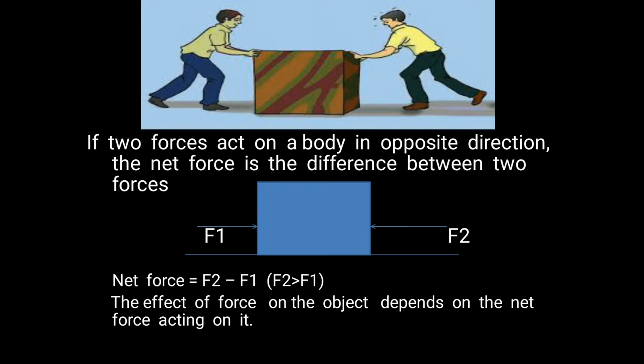Here the two forces are F1 and F2, both acting in opposite directions, and F2 is greater than F1, so net force equals F2 minus F1. The effect of force on the object depends on the net force acting on it. Suppose two boys push with an equal force. It means F1 equals F2. Then what is the net force? Then here the net force is 0.